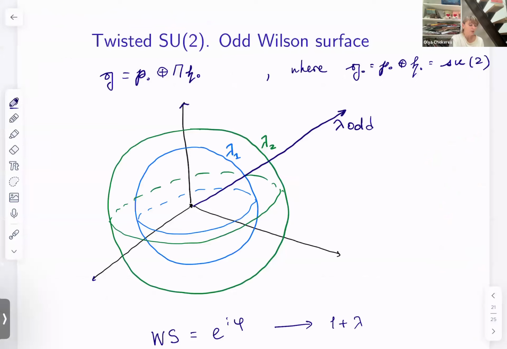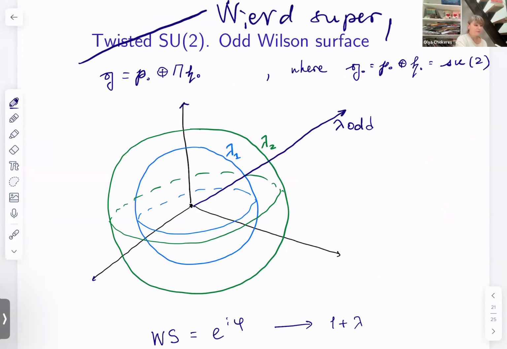Okay. So to illustrate that, without doing these computations, we introduced such an example, which we first called twisted SU2. Now it got modified to weird Lie superalgebras.